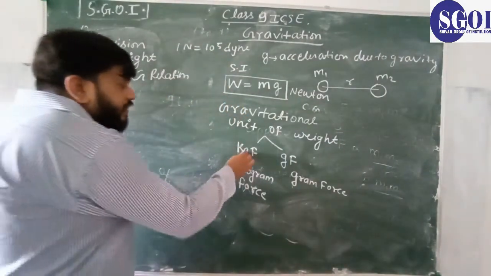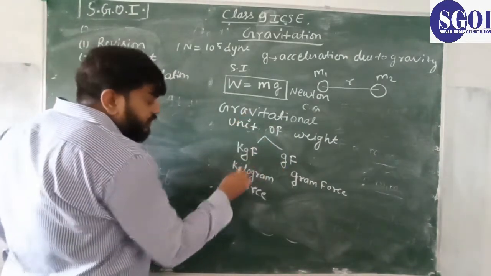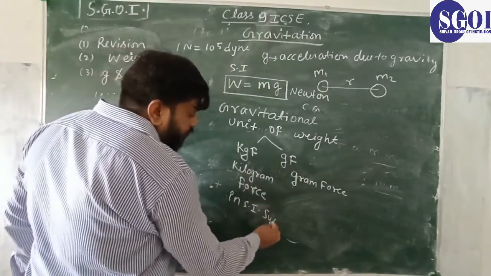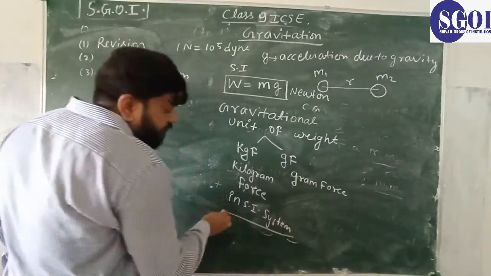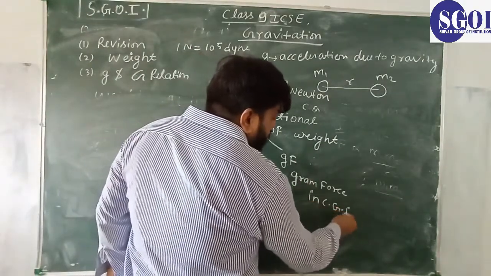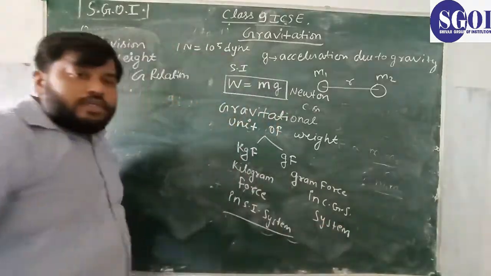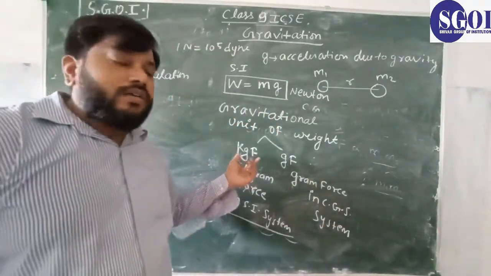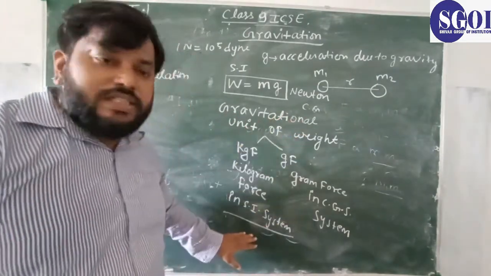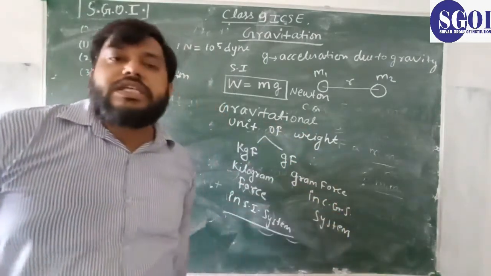Both are gravitational units. kgf is the gravitational unit of weight in the SI system. gf is the gravitational unit of weight in the CGS system.